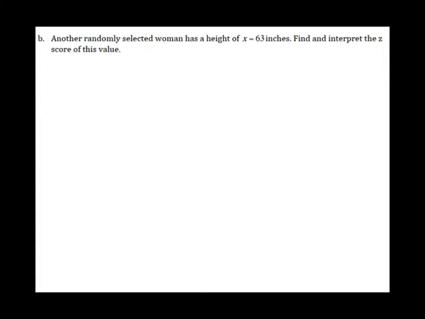Okay, I want you guys to try to work part B here. Another randomly selected woman has a height of x equal to 63 inches. Find and interpret the z-score of this value.